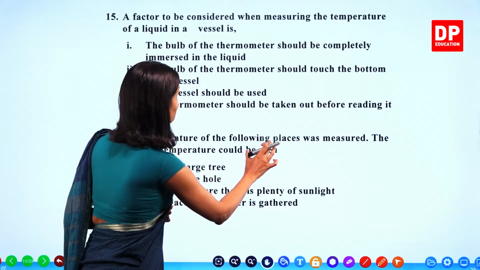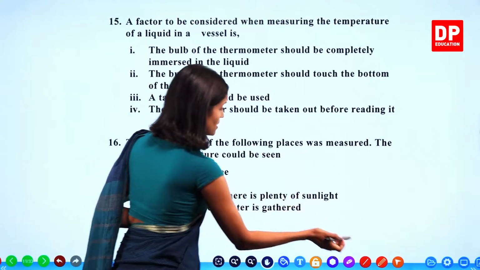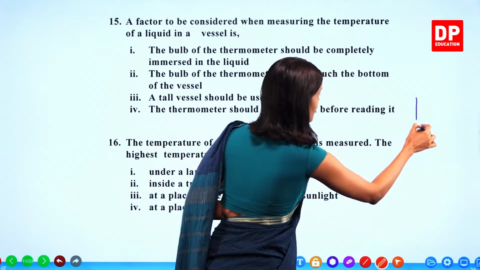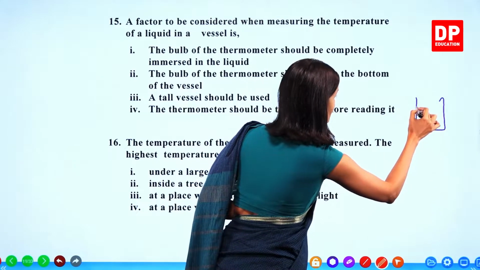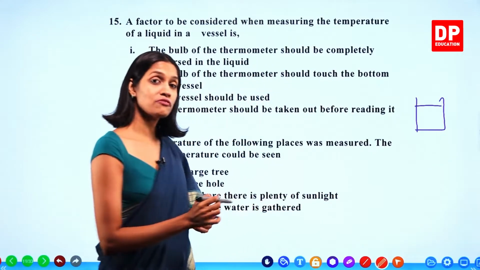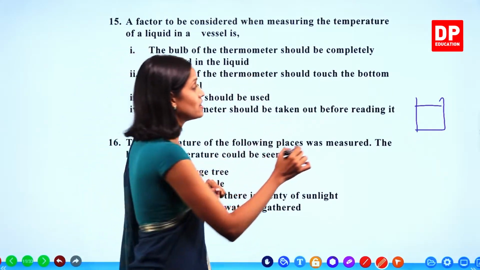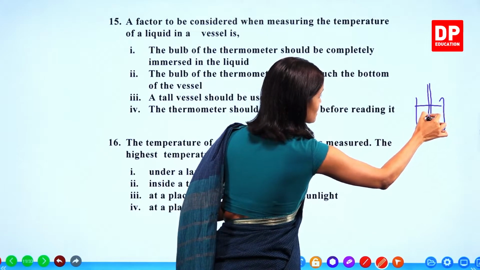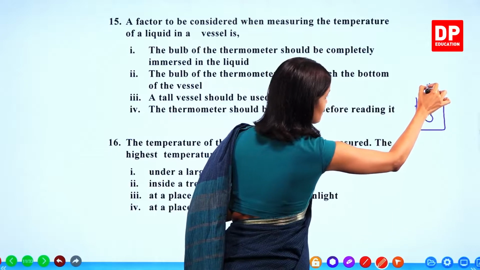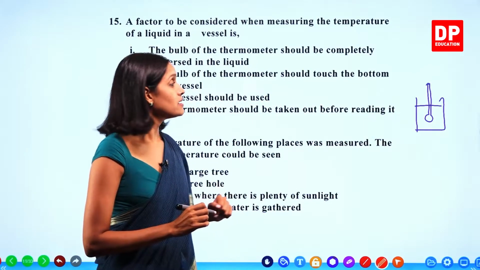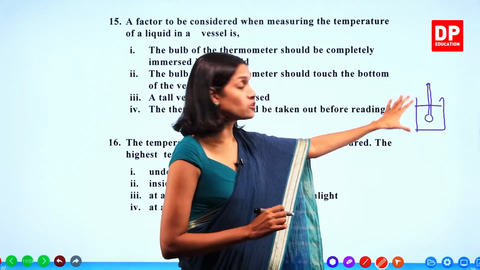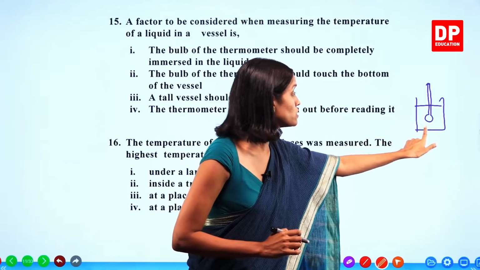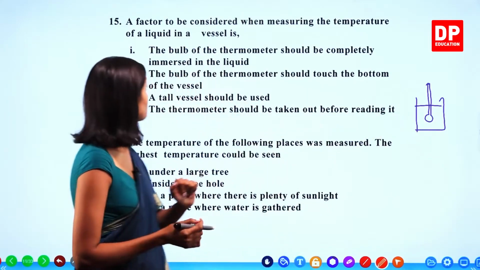When we measure the temperature of a liquid, we fill the beaker with the liquid, and then when we immerse the thermometer, we have to make sure that the bulb of the thermometer is completely inside the liquid, right? The bulb of the thermometer should be completely immersed in the liquid. It should not touch the walls or the bottom of the vessel, okay? Right.